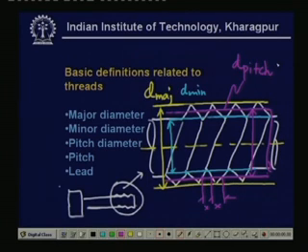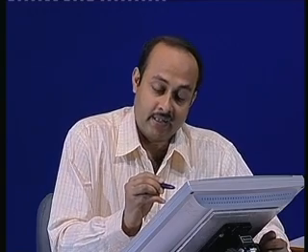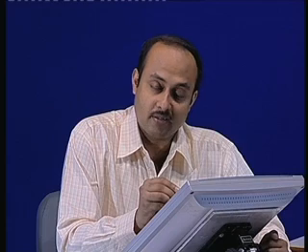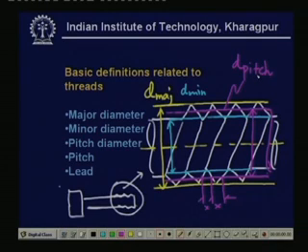This is very important from design concept, because lots of properties will depend upon the pitch diameter, and this is sometimes also known as the effective diameter of the screw. Now, what is a pitch? Pitch is the axial distance between 2 similar points on the thread.